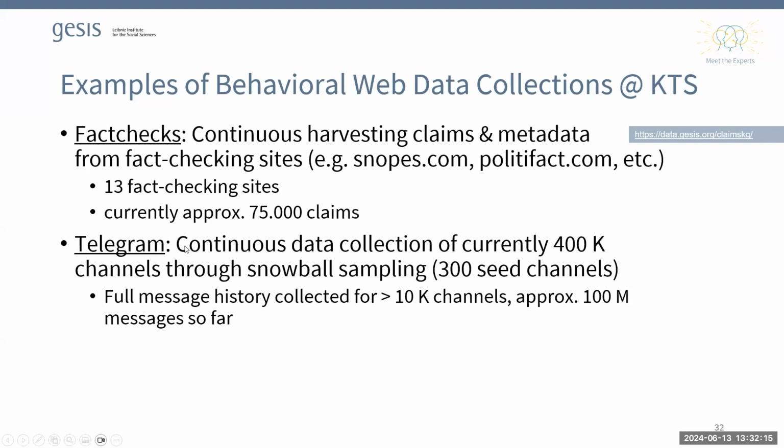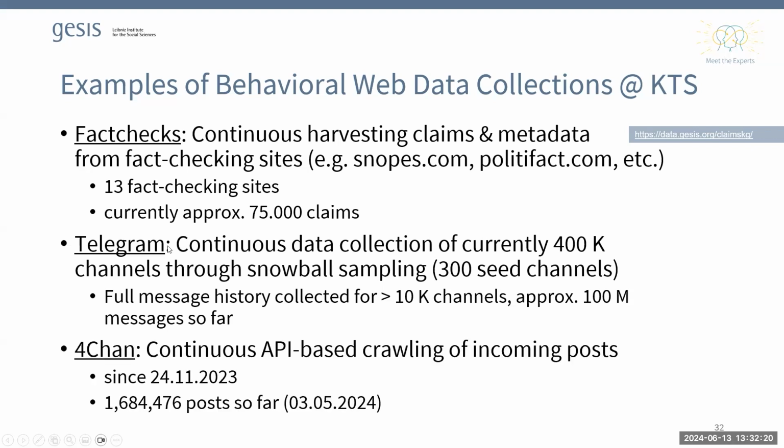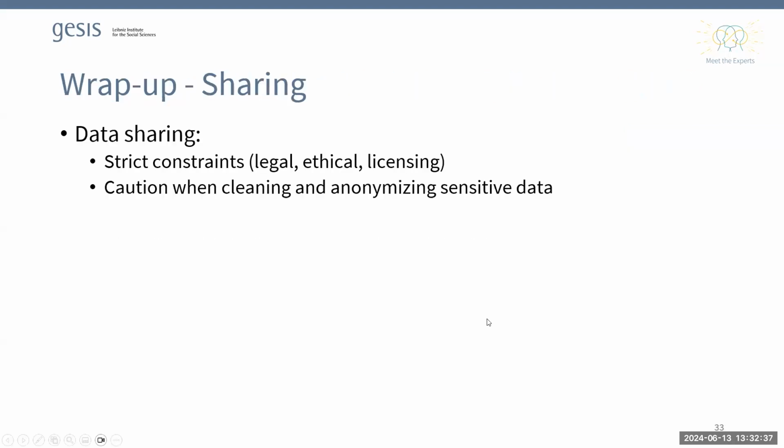We continuously collect data from Telegram and also from 4chan using their API. For ClaimsKG, there's also a link up here, so if you're interested in that, you can take a look.